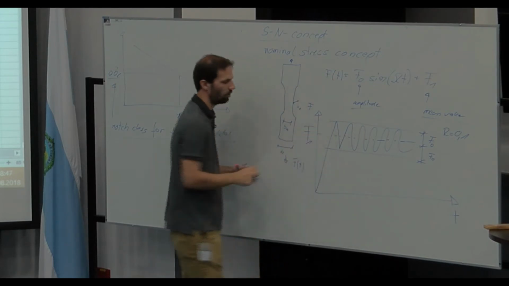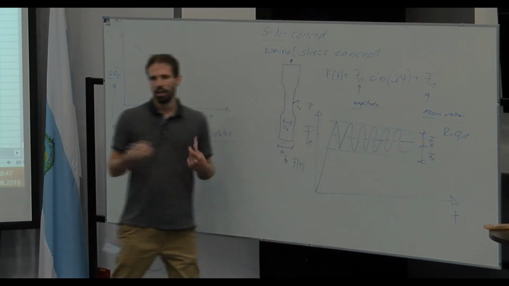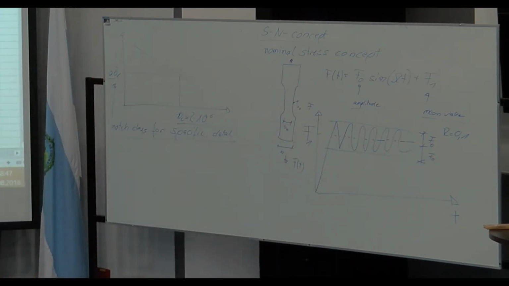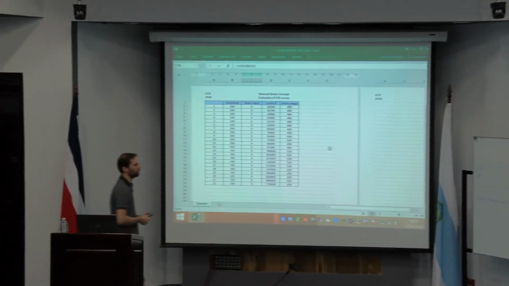So we have here our mean value, and here our amplitudes, and at the end we test this specimen until failure, so when the specimen is broken into two pieces.